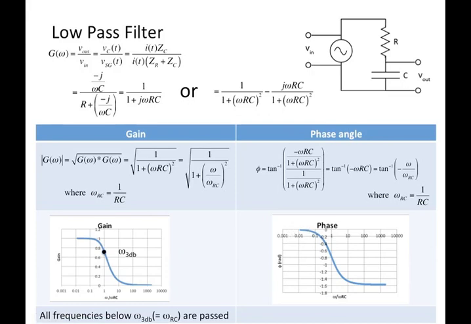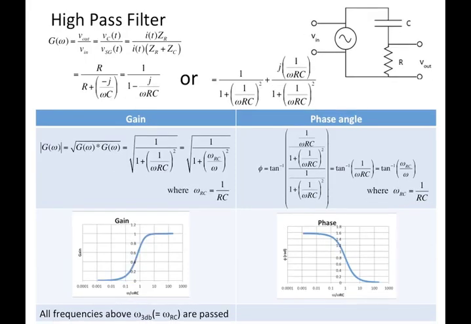Essentially, the output voltage is in phase with the input voltage, and the farther away you go, or the higher above the 3 dB point that you are, down in this region, then your phase differs, right? And at really high frequencies, you're just out of phase. Okay, so that's the low pass filter. Again, this passes low frequency signals. So if you put a signal in there, what you'll get out are the low frequency components.